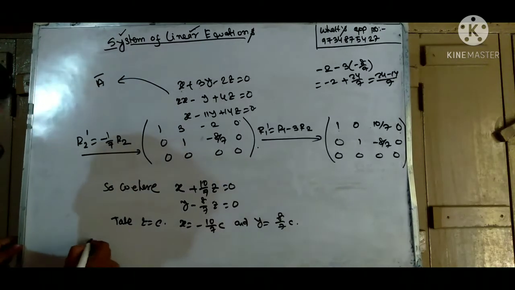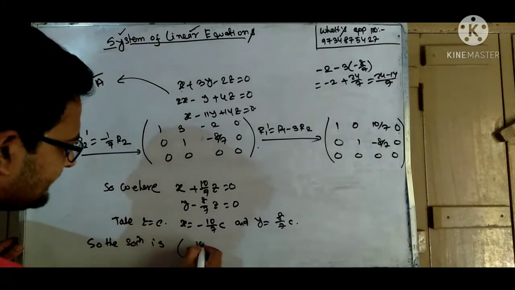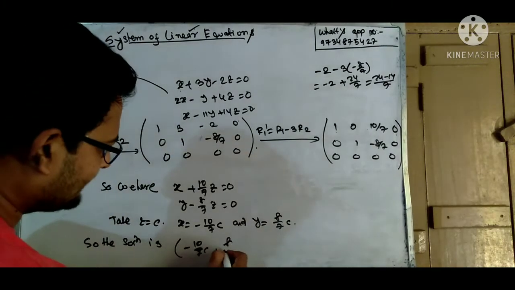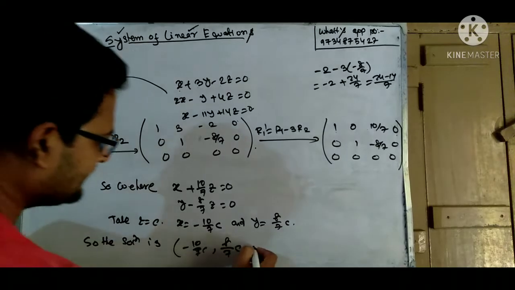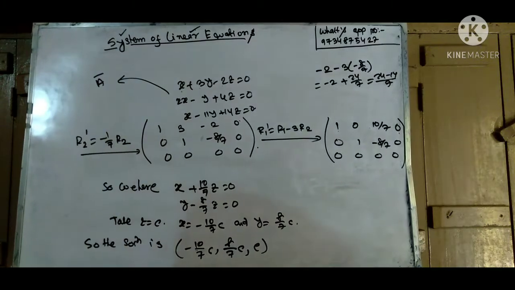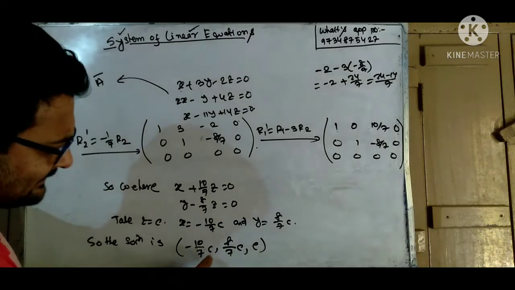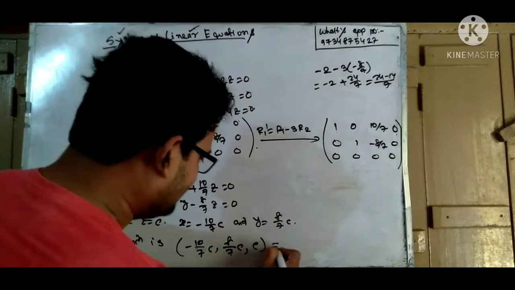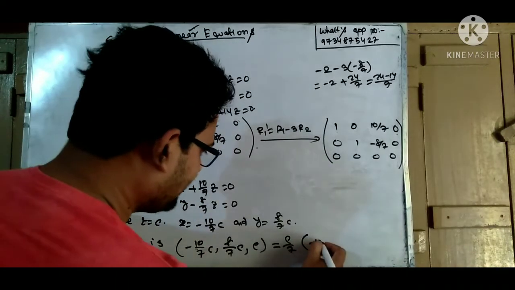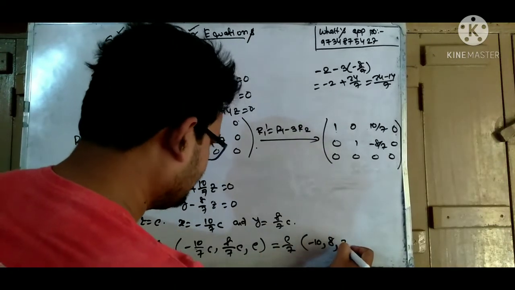Okay. So the solution is minus 10 by 7 c. We will write x as the first element, y as the second element, z as the third element. This will be the solution of the given system of linear equations. Okay. We can also write this solution as, if we take c by 7 common, the first element will be minus 10, the second element will be 8 and the third element will be 7.